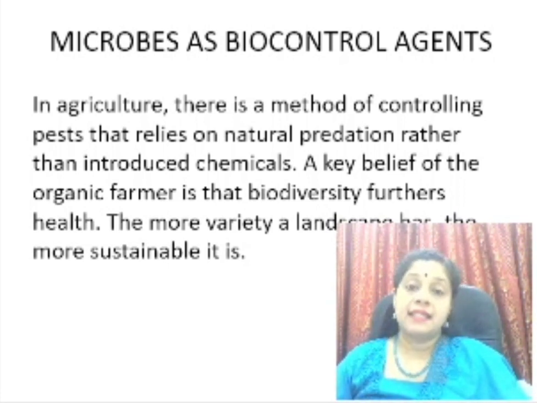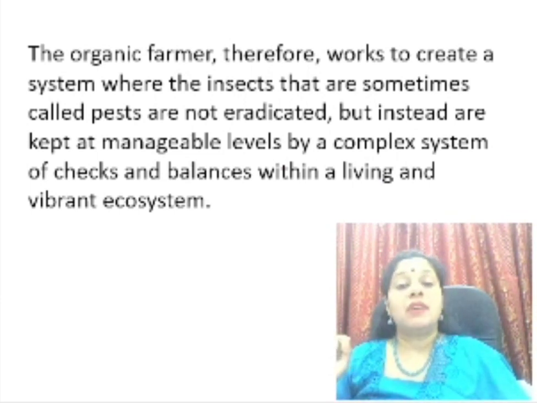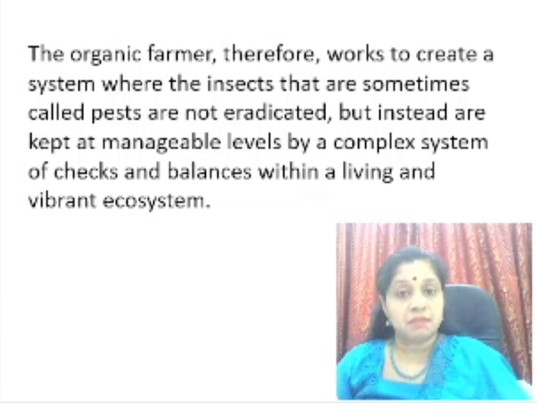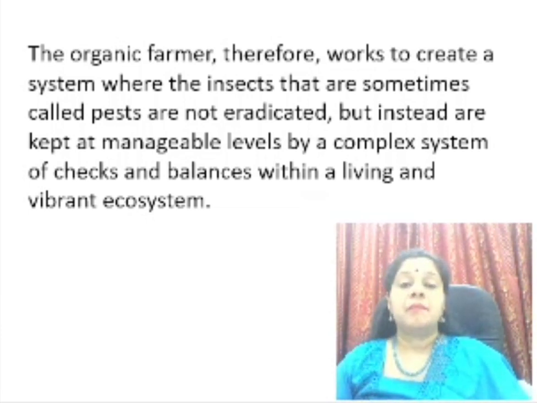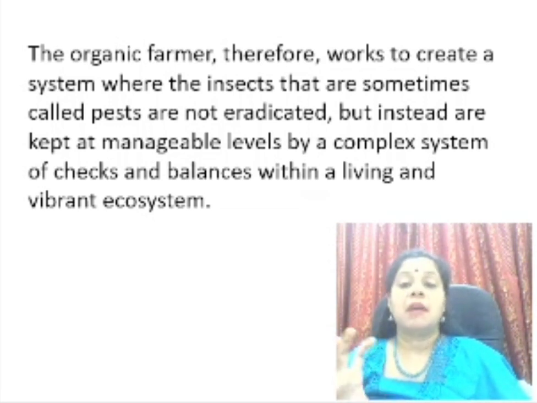So the organic farmer understands this principle and goes with that in mind into biocontrol agents. He works to create a system where the insects that are sometimes called pests, meaning harmful ones, are not completely eradicated, but instead their number is kept under check or at manageable levels by a complex system of checks and balances within a living and vibrant ecosystem.